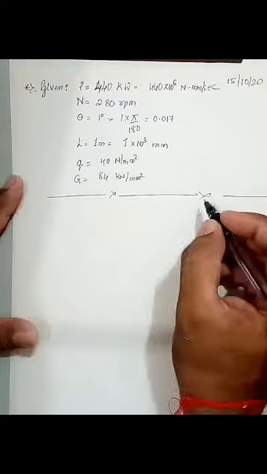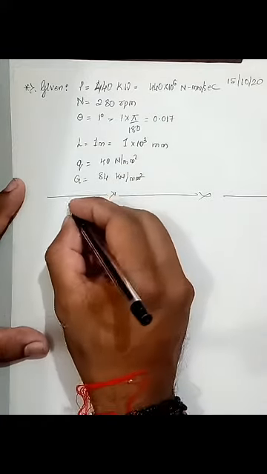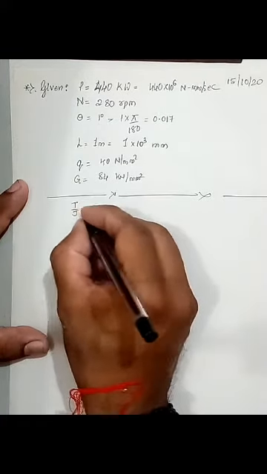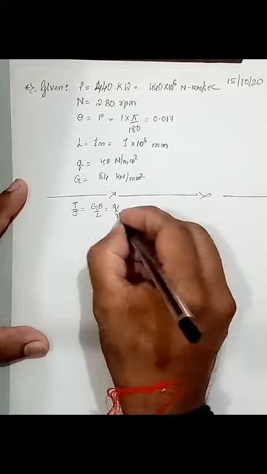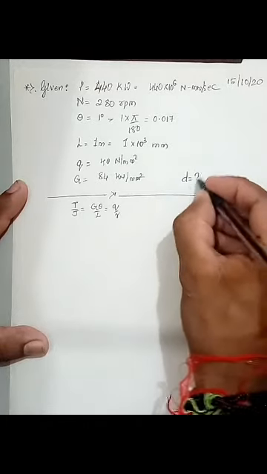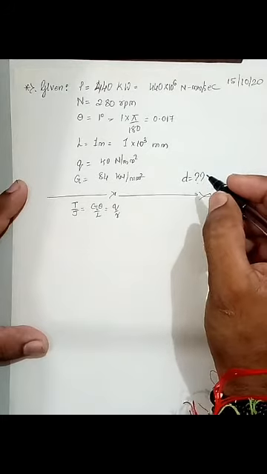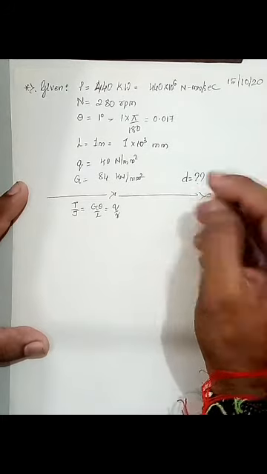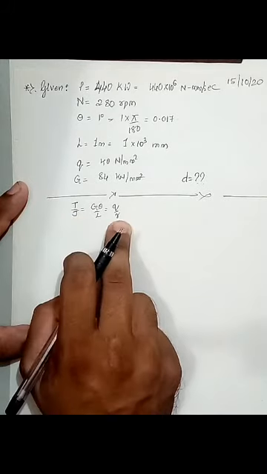Okay, so these are the things given to us. And we have an equation which says T by J equals G theta by L equals q by R. The main thing we need to find out is the diameter. The diameter can be calculated from this, because J is dependent on diameter and even R is dependent on diameter.